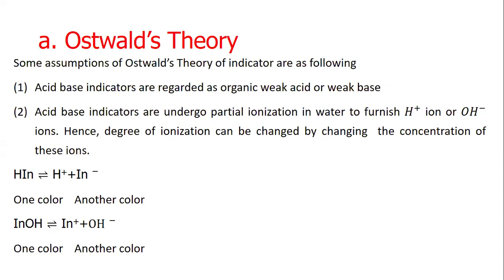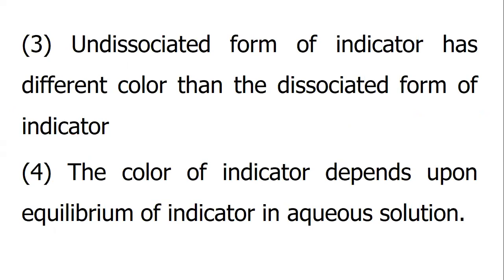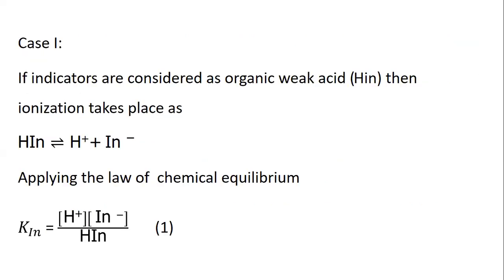Hence, the degree of ionization can be changed by changing the concentration of these ions. The undissociated form of the indicator has a different color than the dissociated form. The color of the indicator depends upon the equilibrium of the indicator in aqueous solution.